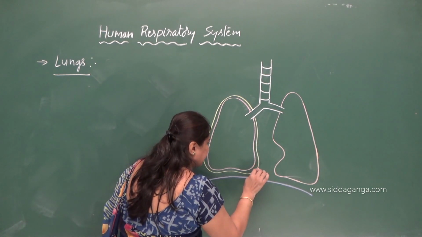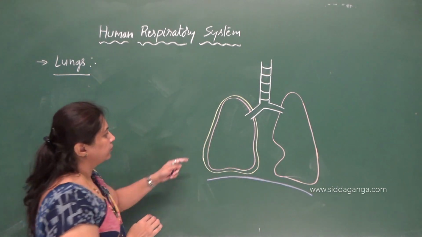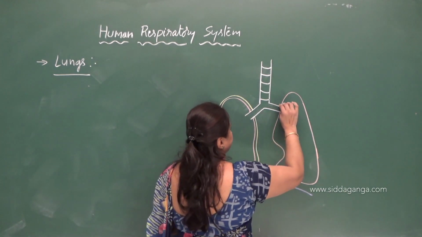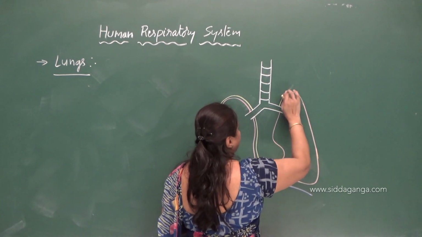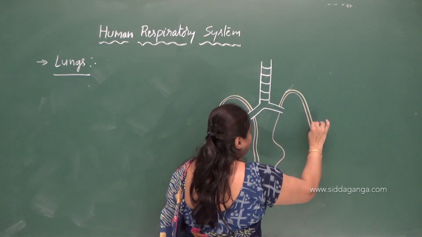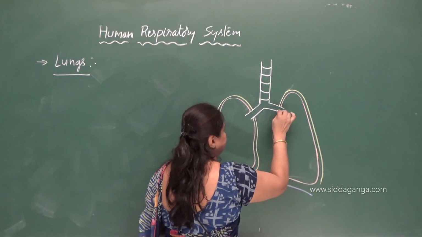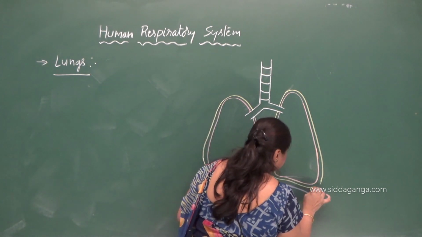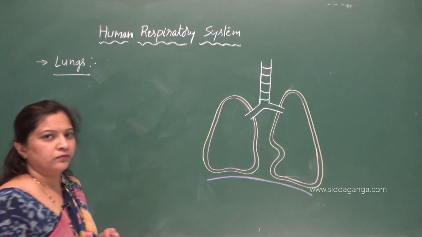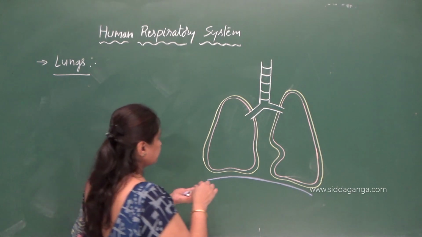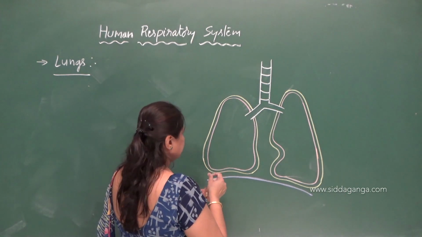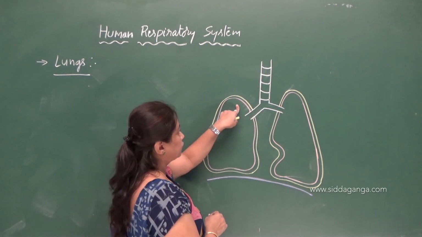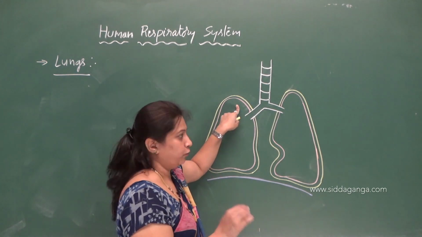So each lung is enclosed by two membranes. Okay. See, these two are the two membranes or the coverings of the lungs. So they are called as pleural membranes or pleura.